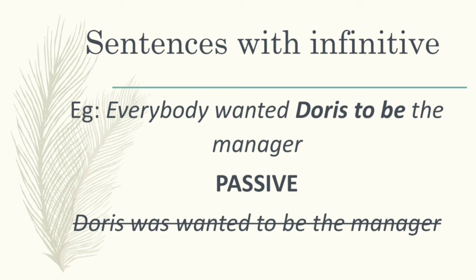So, sentences like these cannot usually be made passive. We cannot say, for example, "Doris was wanted to be the manager." So, it is wrong. We don't make passive voice with all those words with infinitive.